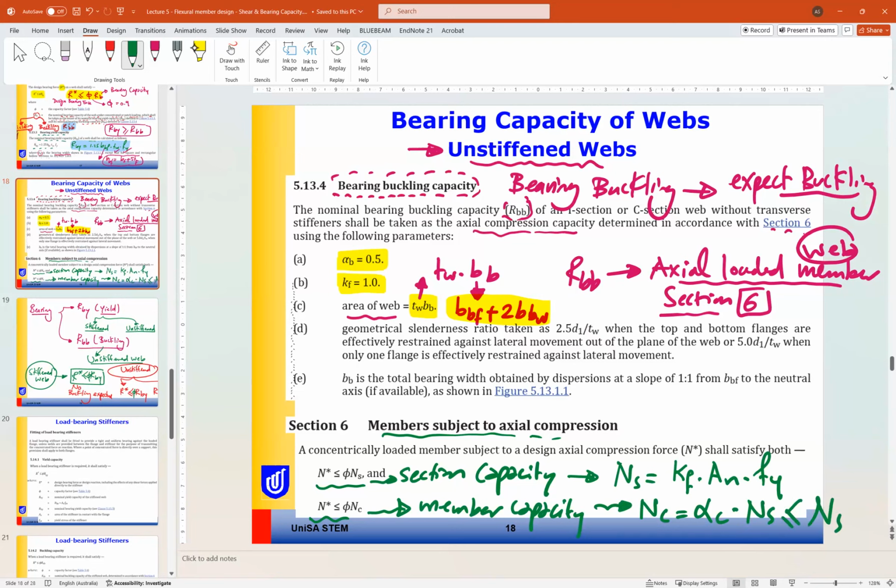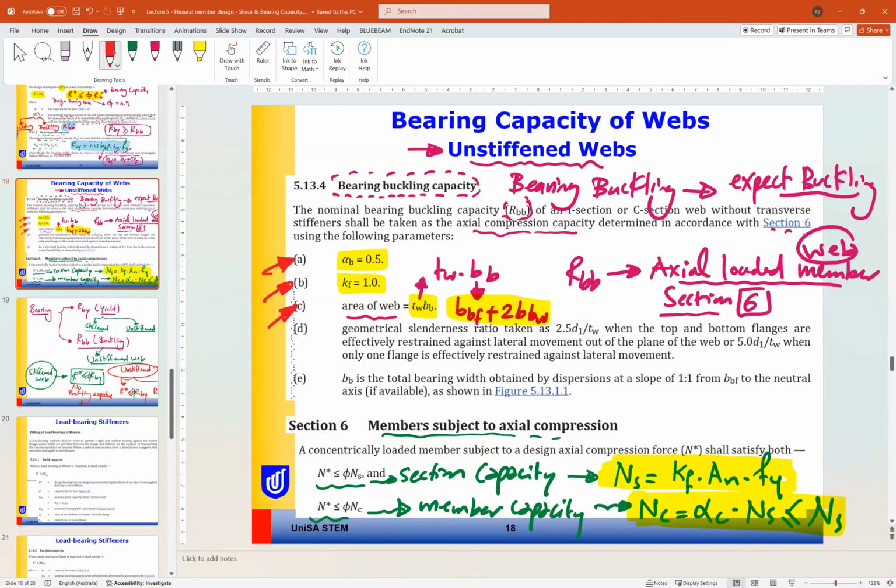So we will follow the same procedure to find the section capacity and member capacity, but the only change is we need to use this data for the web. So alpha B is taken as 0.5, KF taken as 1, area of web equal to T web times BB, where BB is BBF plus 2 BBW.